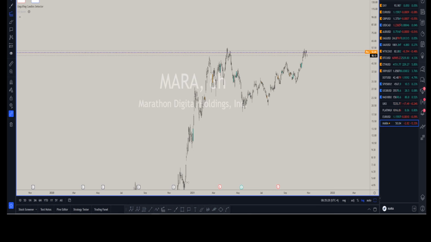The thing is, let me see these two. We created a double top, and we created this that just finished.